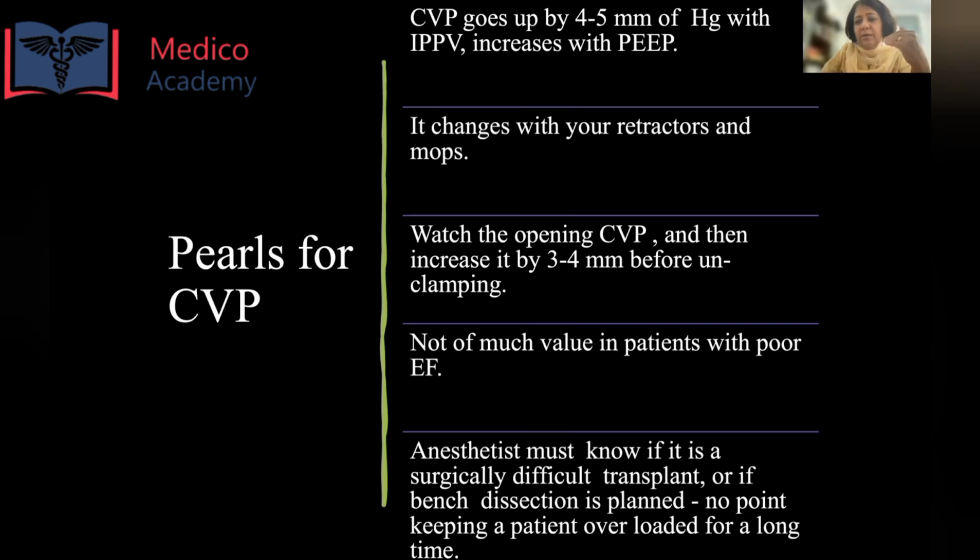That is where they call out and say that, okay, the patient has 2 arteries or veins and may require a bench dissection. So if a bench dissection is planned, it's good to maintain the patient as is and not start giving fluid till the venous anastomosis has started. No point keeping a loaded patient for a long time.